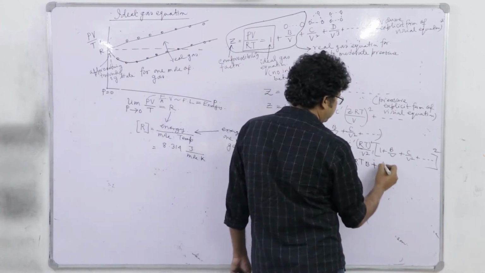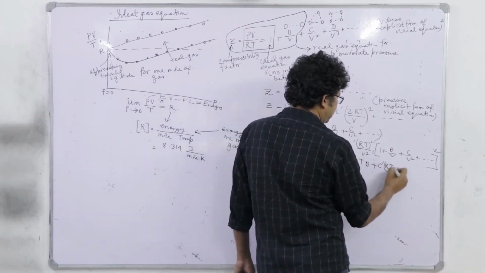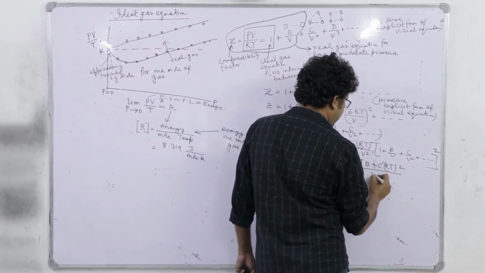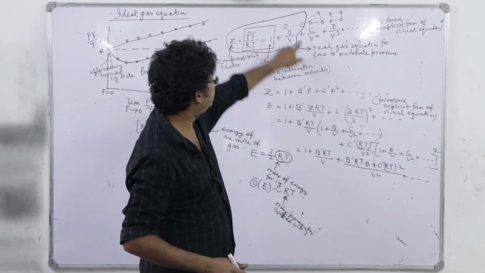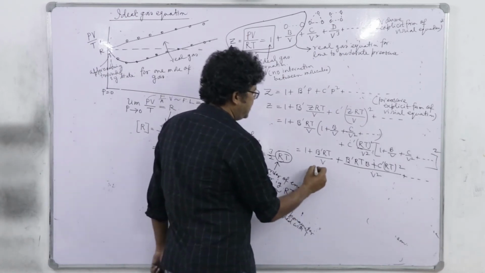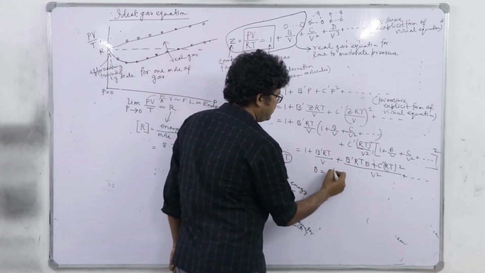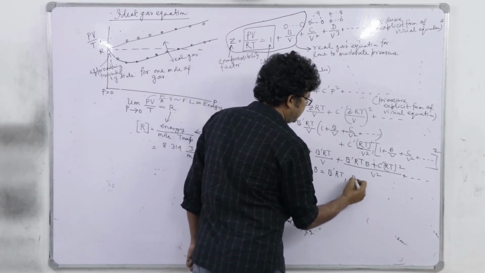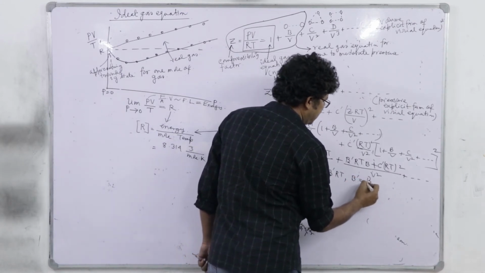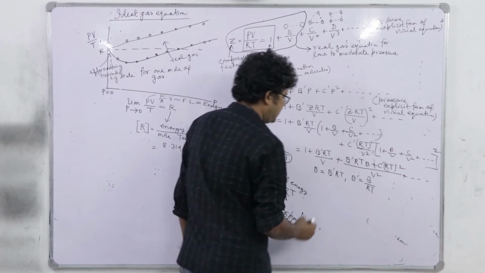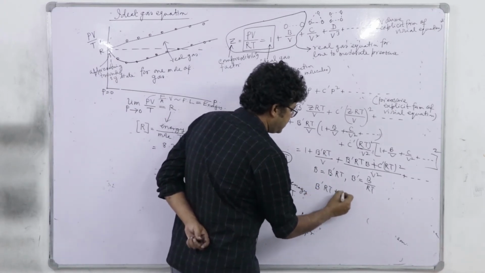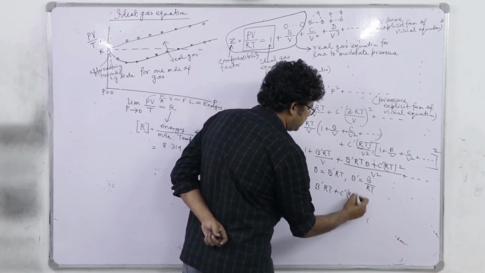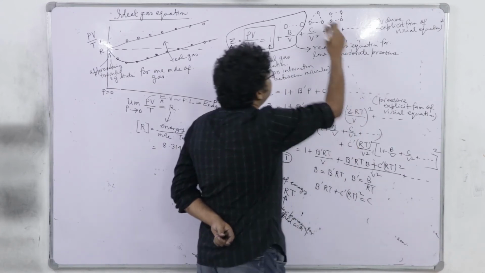Now, if I compare this form with this form, what will I get? B is equal to B prime RT. So, B prime, the pressure explicit form, can be written as B by RT. Now, B prime RT plus C prime RT square is equal to C.